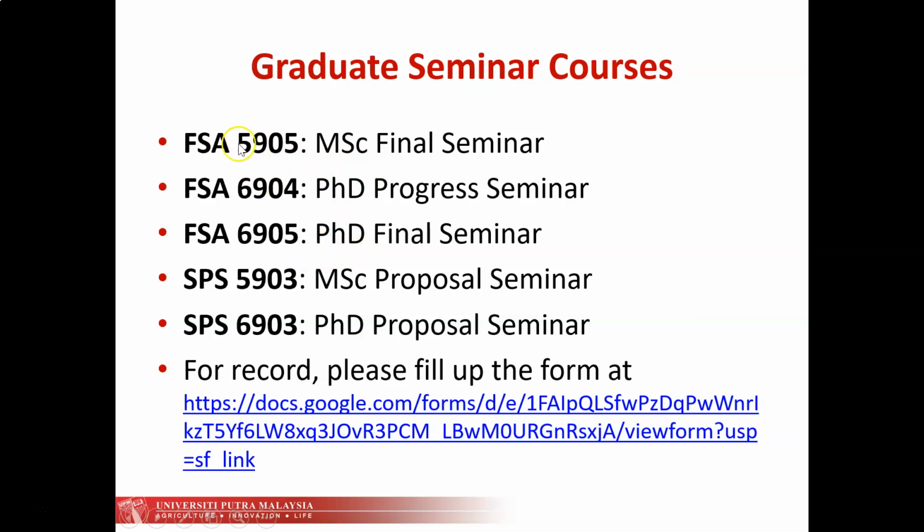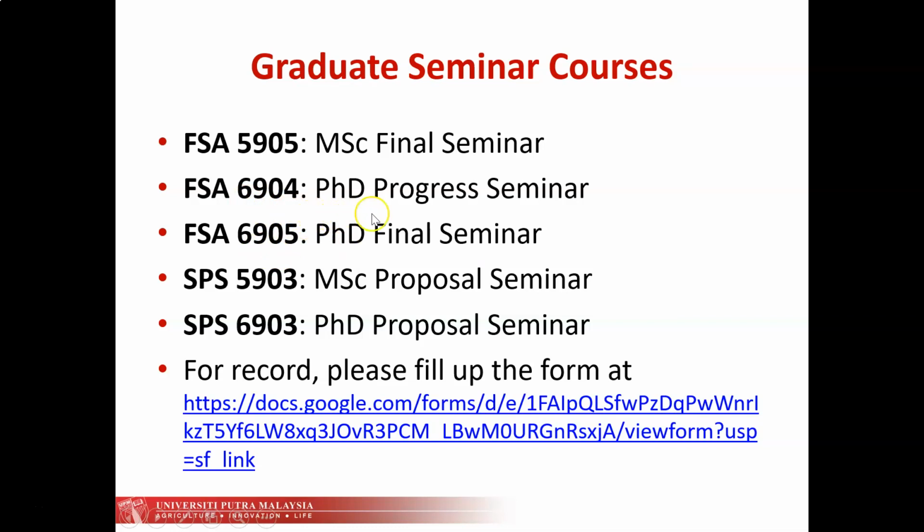So you can figure out the code: the number 5 at the beginning is essentially for masters, and the number 6 is for PhD. For the PhD, there are two different seminar courses. It seems 6904 is for the progress seminar. This is actually new to me, and I think it probably started a couple of semesters back.